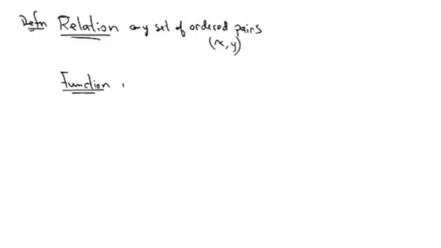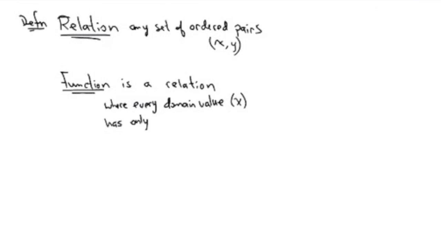So a function is a relation. In other words, it is a set of ordered pairs. But there's a specific way we have to pick them, where every domain value, better known as the x's, has only one range value, better known as the y's.